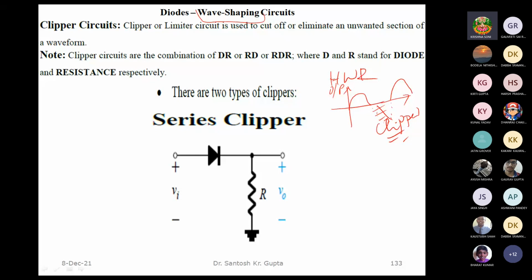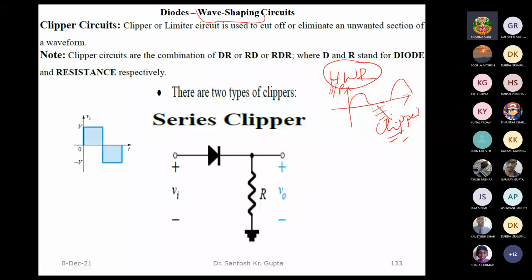In these circuits, we can see that the arrangement of the diode is in series with the load. That's why these are also called series clipper circuits. The simple circuit we can see displayed here.